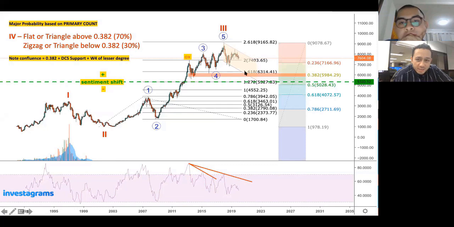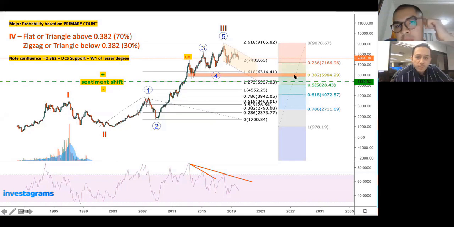The 6,000 level is not only the E1 of the channel support, meaning the support of the DCS or the channel, but it's also an overlap or a confluence with two other major supports. What are those? One is it's the 382 fib support. And the 382 fib support is important. Why?